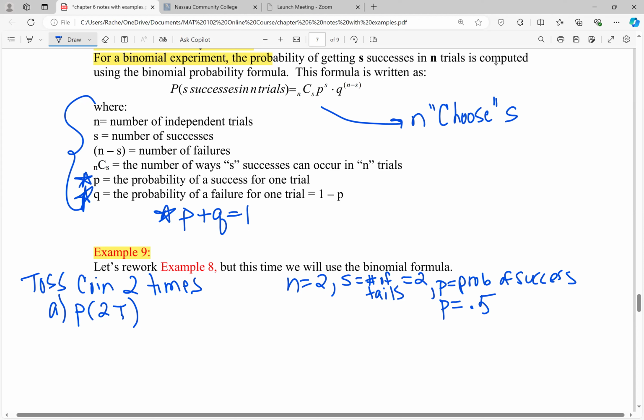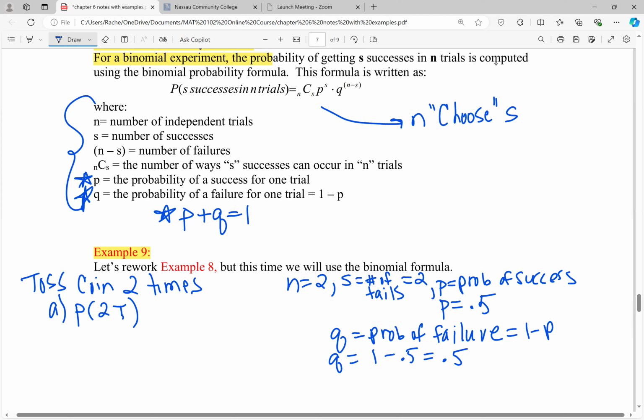And then Q is the probability of a failure, and that's just equal to 1 minus P. In this case, a failure is getting anything but a tail, which is getting a head. So Q in this case is 1 minus 0.5, which is 0.5. So P and Q happen to be the same in this case, since when you toss a coin, you have a 50-50 chance of getting either heads or tails, right?